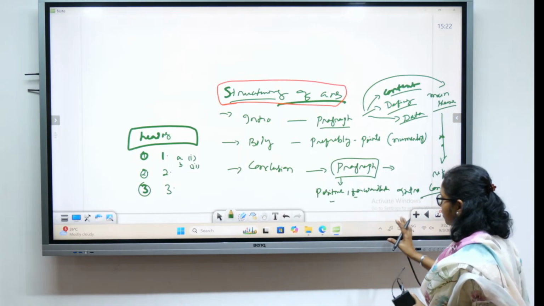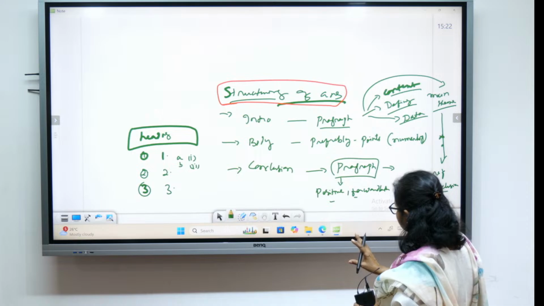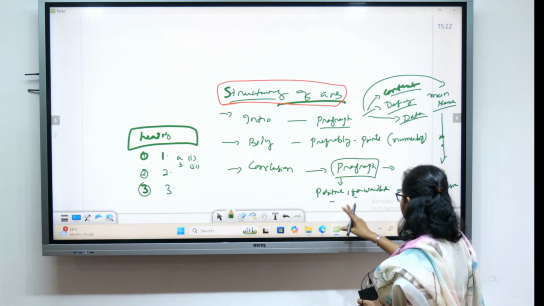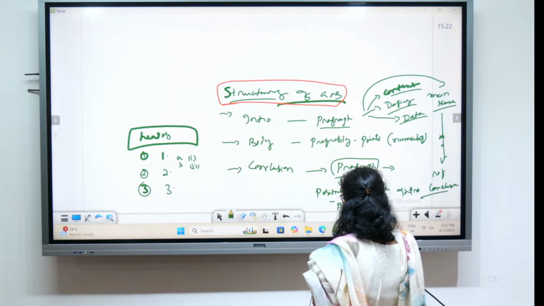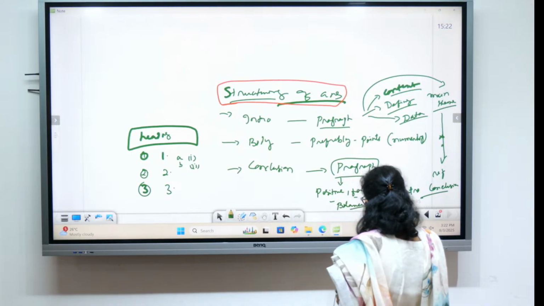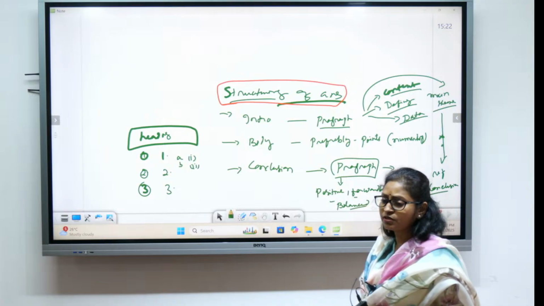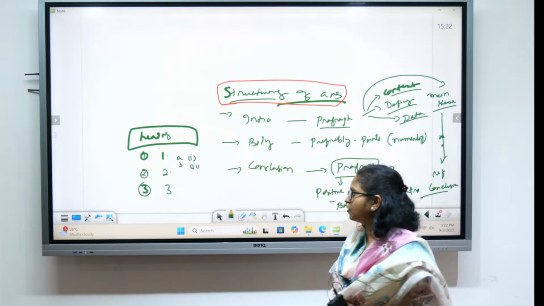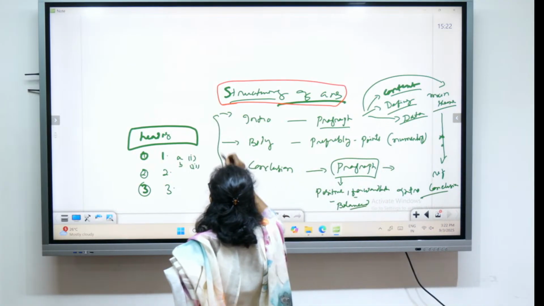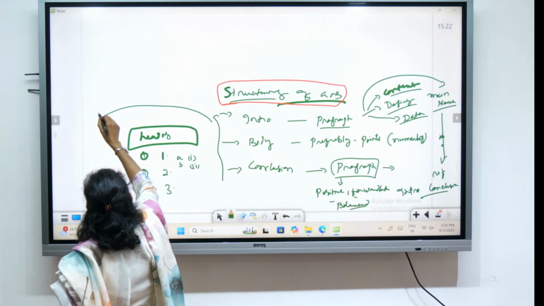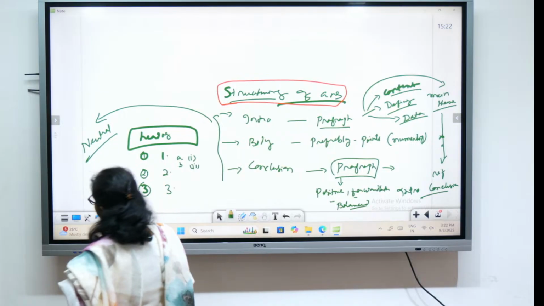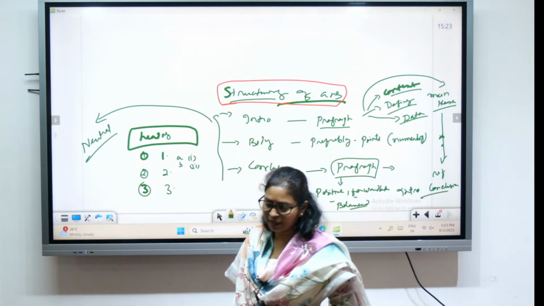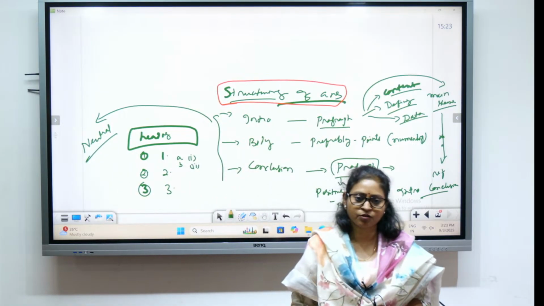So this is all about the conclusion. It should be positive, forward looking, and balanced. It should be balanced, right? Neutral. Your answer has to be neutral. It's not like you behave like an activist and write your answer.